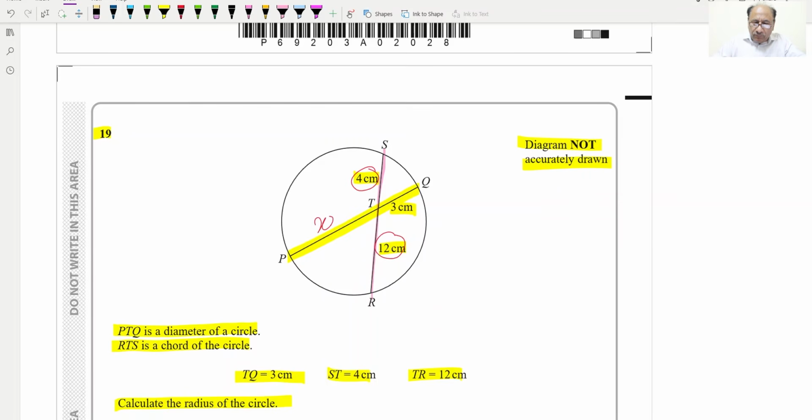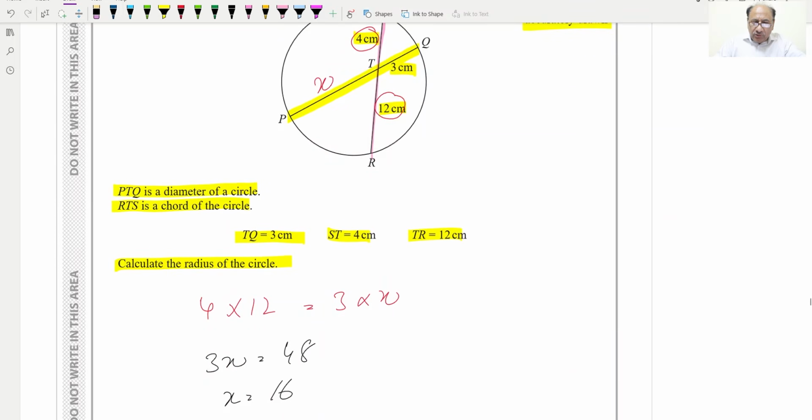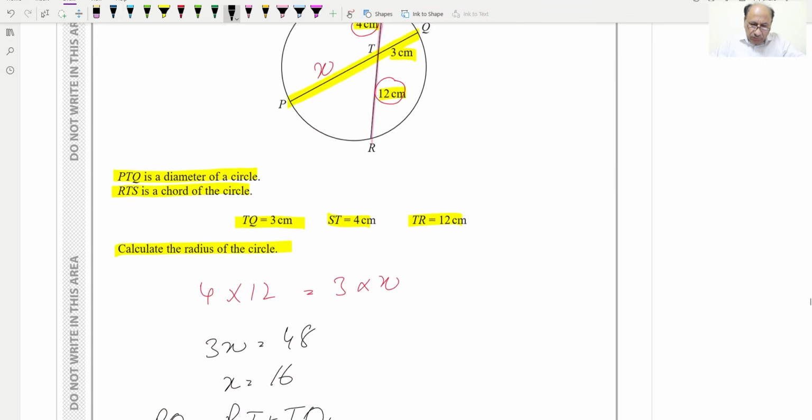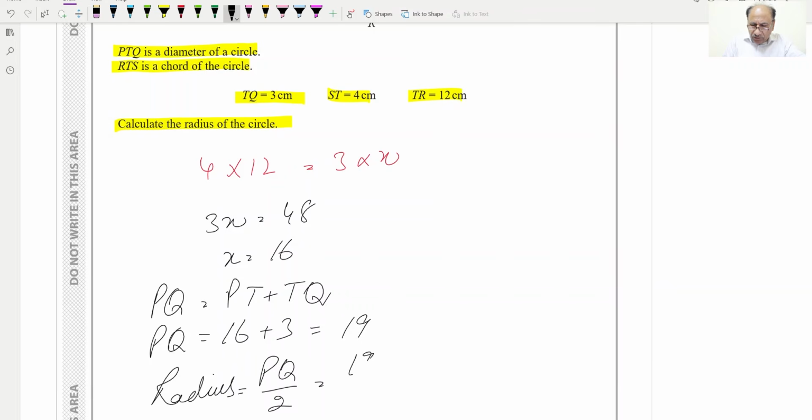We require the radius, so first we'll find PQ. PQ is equal to PT plus TQ, which is 16 plus 3, so PQ, which is the diameter, is equal to 19. So the radius will be half of the diameter, equal to PQ by 2, which is 19 by 2.